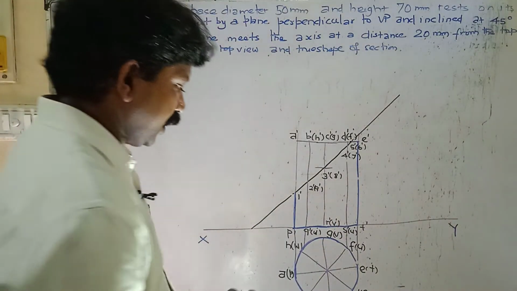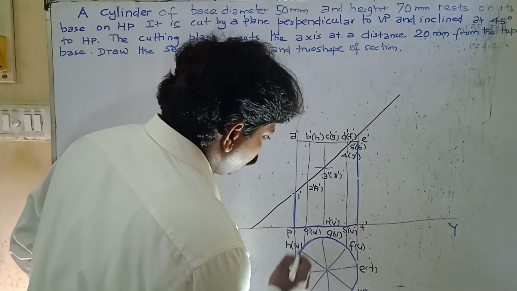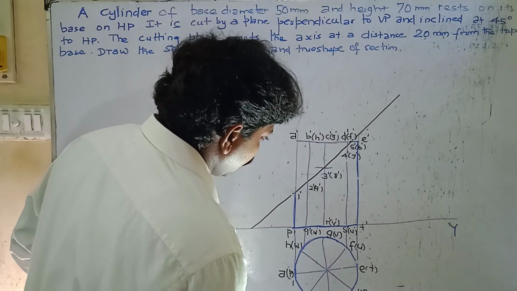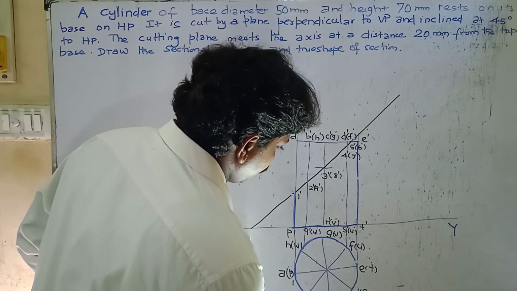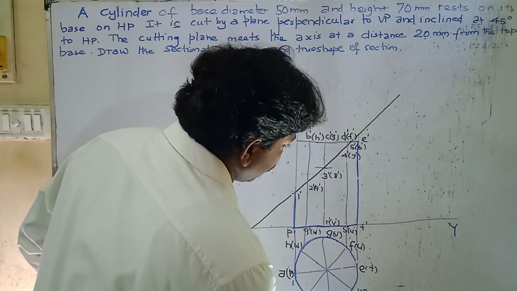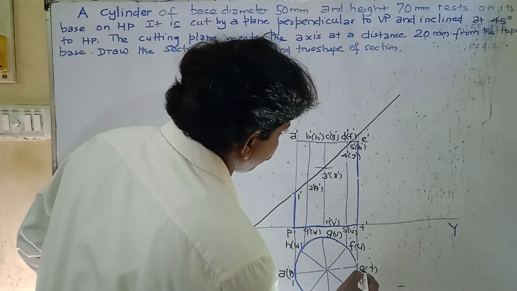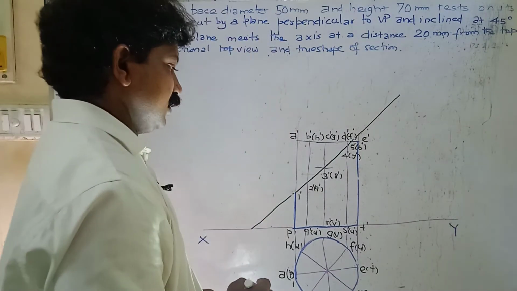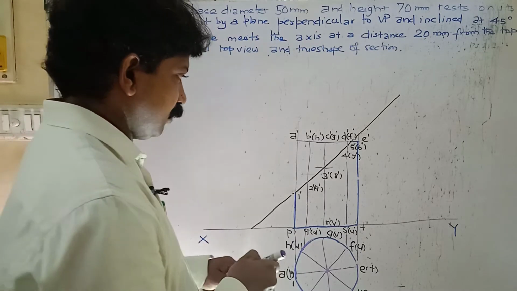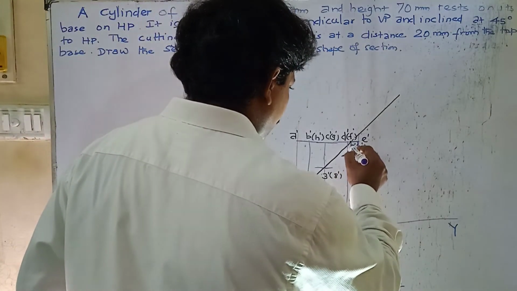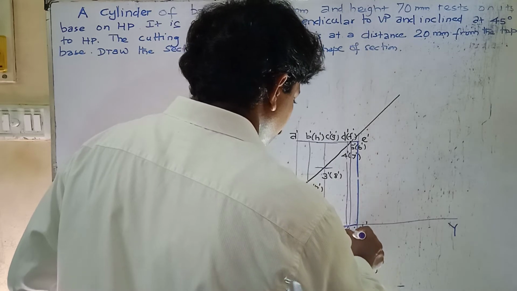Point 1 on A P, point 2 on B Q, point 3 on C R, point 4 on D S, point 5 on the top base, not on a generator. From 5 dash 6 dash draw a perpendicular line to the top view.